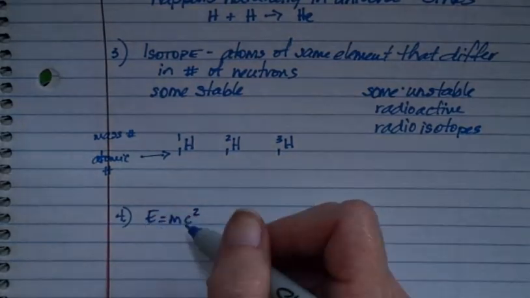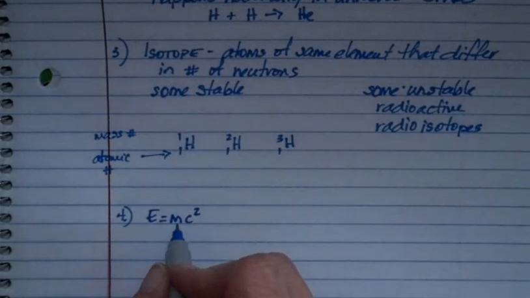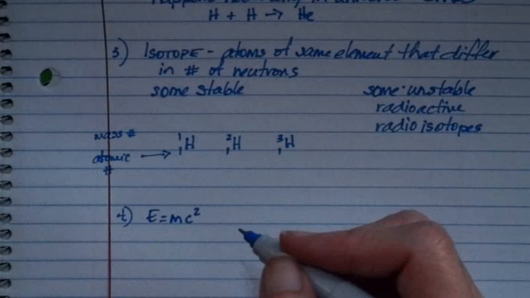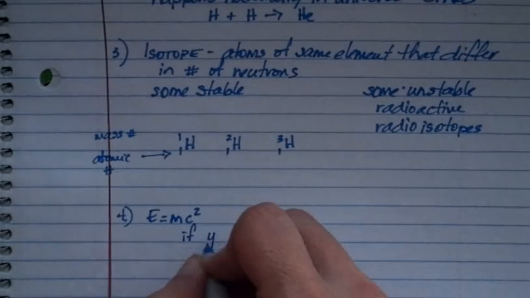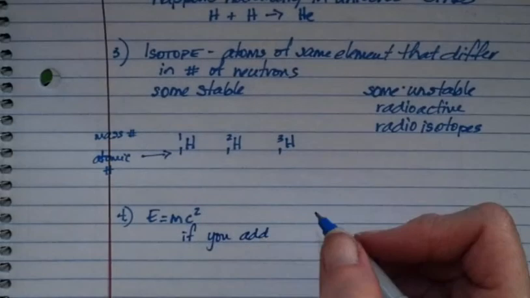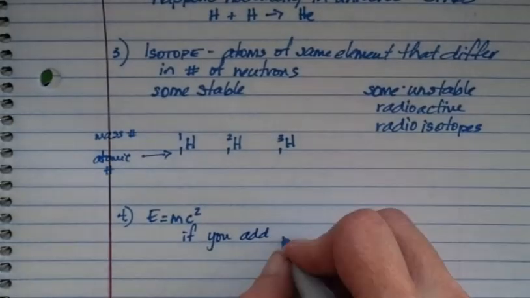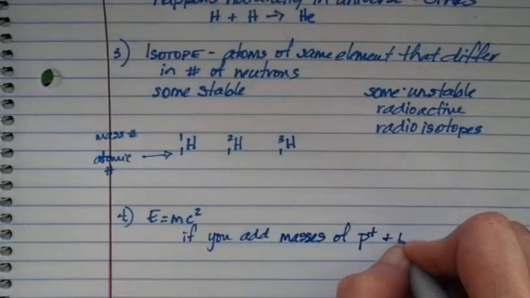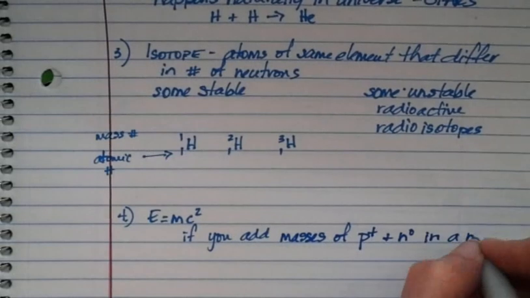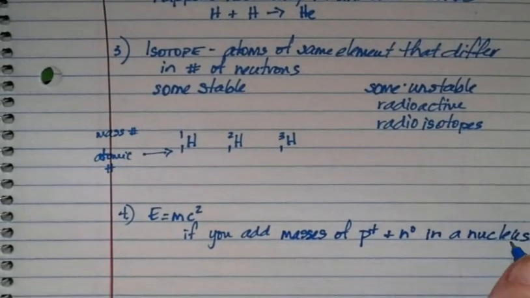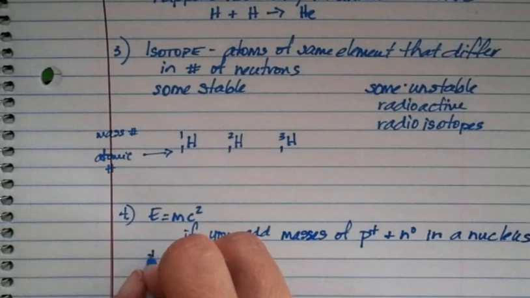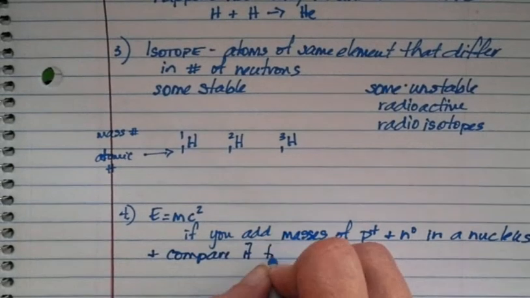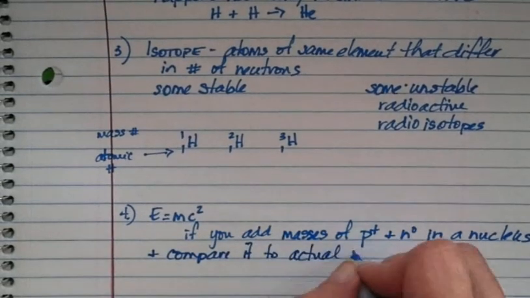Now here's the deal. If you add the masses of the protons and the neutrons in a nucleus, and compare it to the actual mass of the nucleus, you find that the numbers aren't equal.